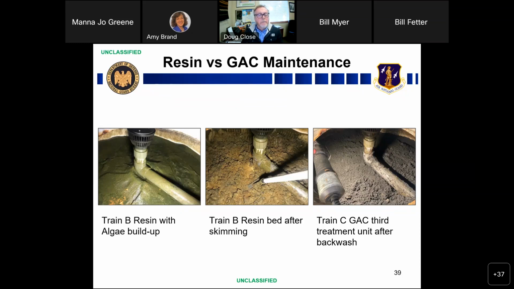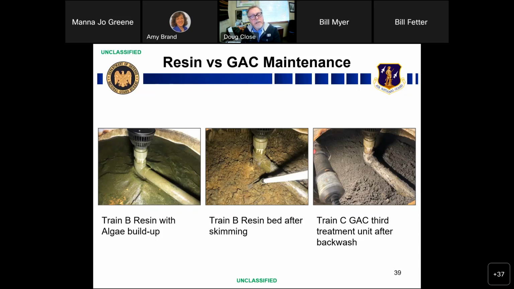So the algae, the biogrowth, the sediments, the solids that get through our system, once it gets into a resin vessel, this is what it looks like if it goes unattended. And so without the ability to backwash that out at planned intervals, we're only left with manually going in and skimming that material off. And you just can't do that every day. You wouldn't have any operating time.